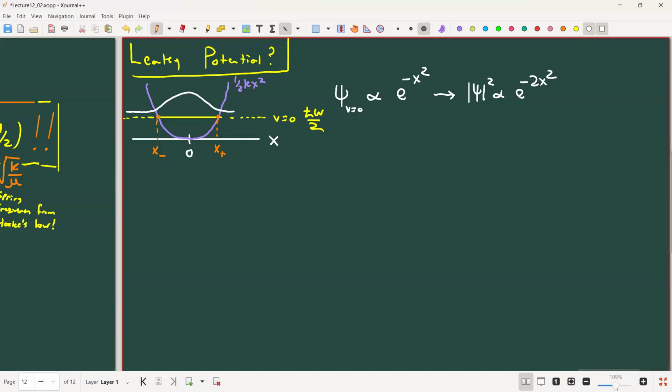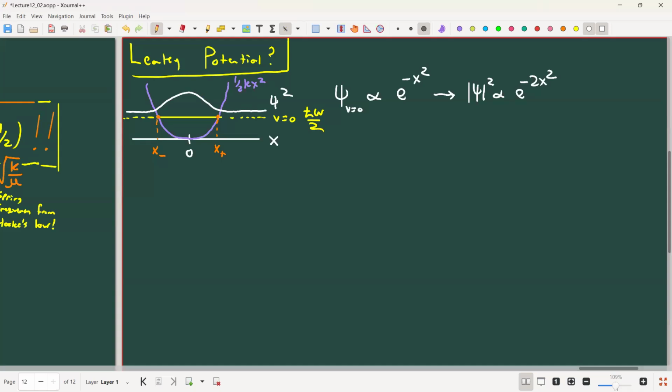This function here, psi squared, tells us what the probability is that we find a bond at any of the lengths between x minus and x plus. You think of 0 as being the equilibrium point, like a normal spring at rest. There are some bond lengths that are longer than that, some that are shorter, and it samples all of them with a bell curve.